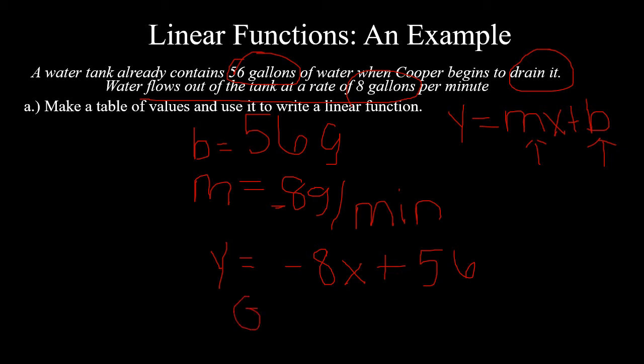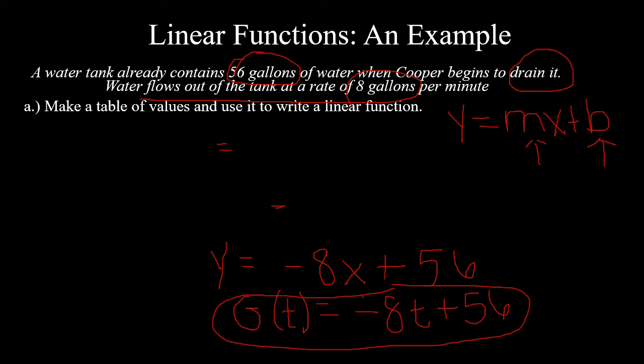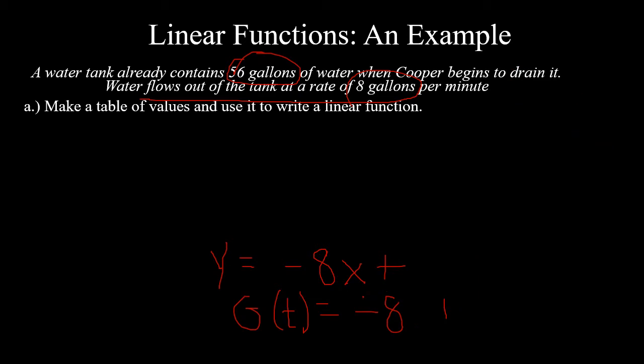So we would write G of t, because our input is time in minutes. So I'm just going to write G of t equals -8t plus 56. Some of you might have seen that, known it, gotten it right off the bat. If you didn't, that's fine. And these directions tell us to write a table of values, so it's something we're going to have to do regardless of whether or not you saw that right off the bat.